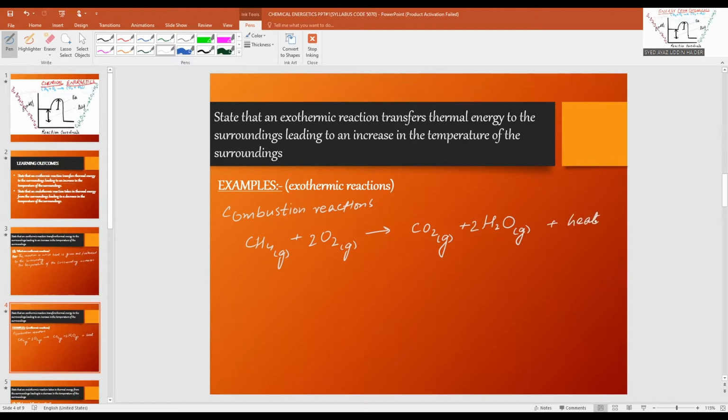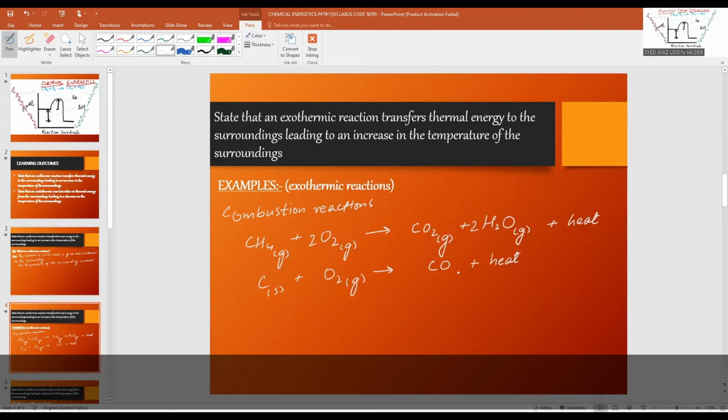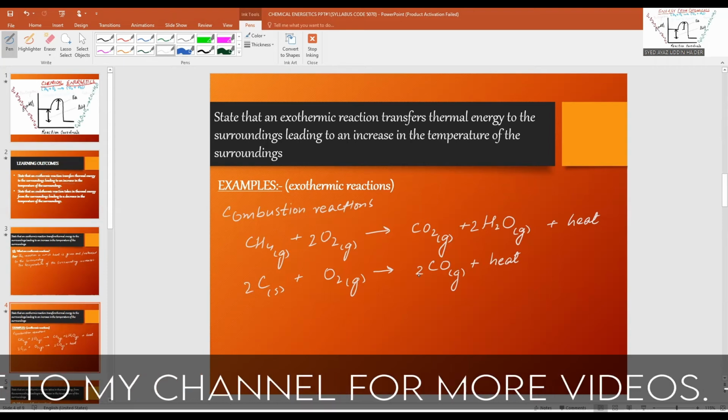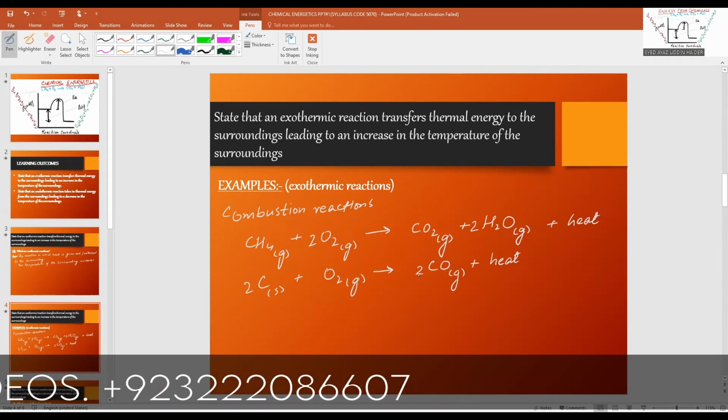Burning of carbon, state symbols. And this equation needs to be balanced. The last equation is about respiration reaction.